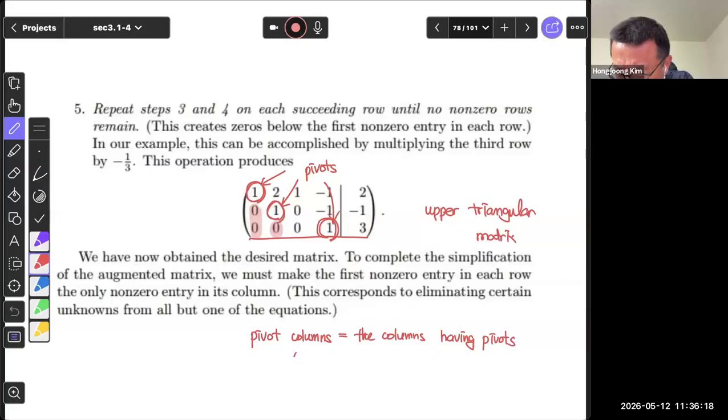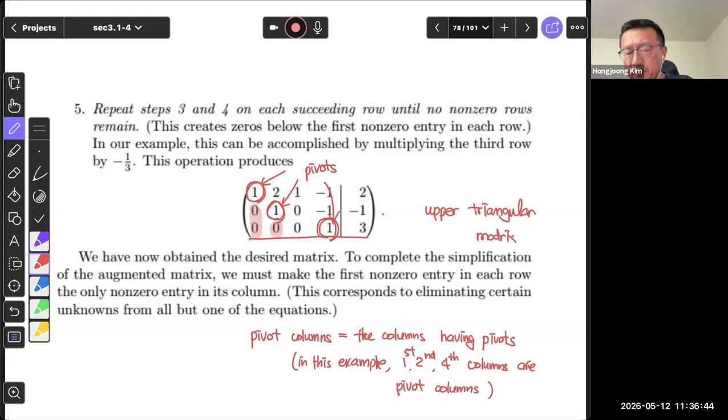In this example, the first, second, and fourth columns are the pivot columns.